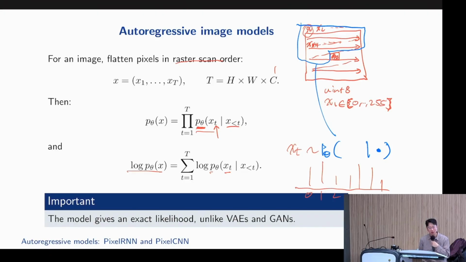So let's say we take a trained VAE and a trained autoregressive image model, okay, and we generate images using one VAE and one using our autoregressive model. So what's the utility of having access to exact likelihood? What benefit do we have?